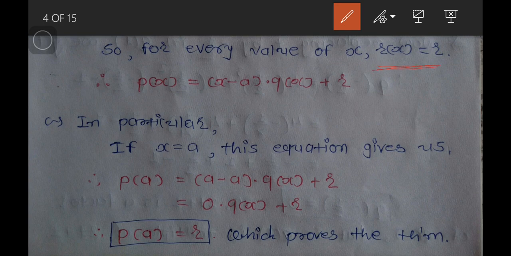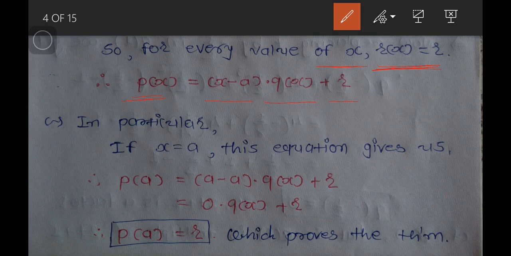So whenever we put a value of x, it will always give r of x is equal to r. So now we put these values in our division algorithm as we have written on the previous page. So here p of x equals x minus a q of x plus r, because r is a remainder and it is constant, then it will not change.